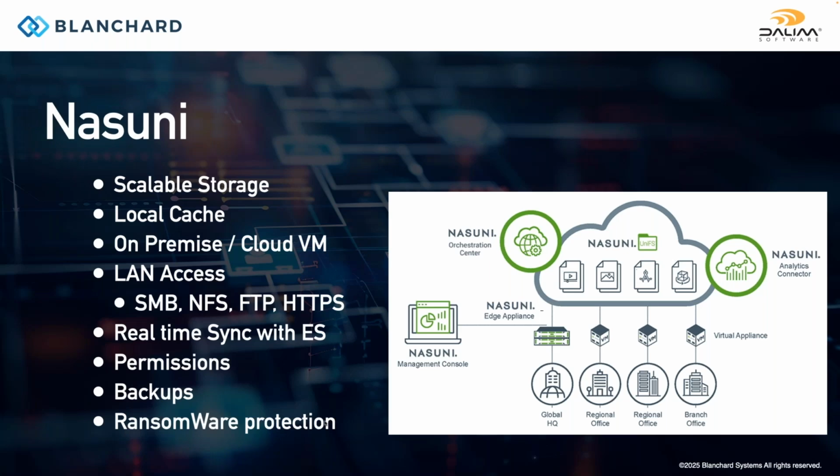That edge appliance can exist in your cloud, or it can exist locally. If you have a big office that a lot of people need to access files from, that edge appliance can exist there. It's connecting to the management console to get all of its information and cached files so that you can always have fast access to your files.